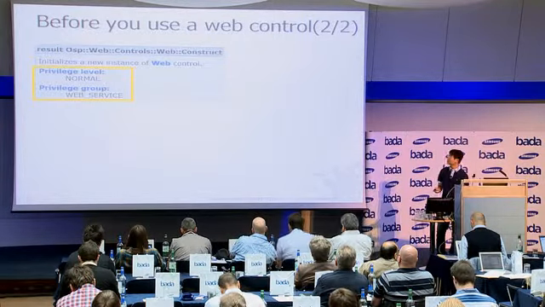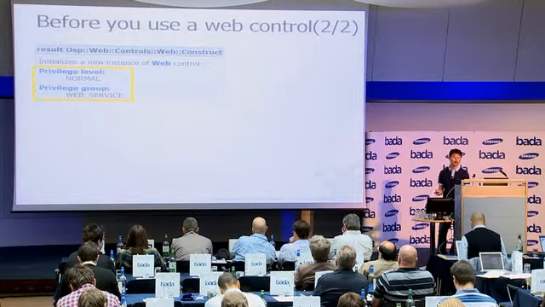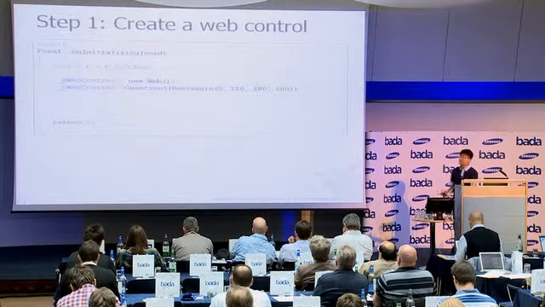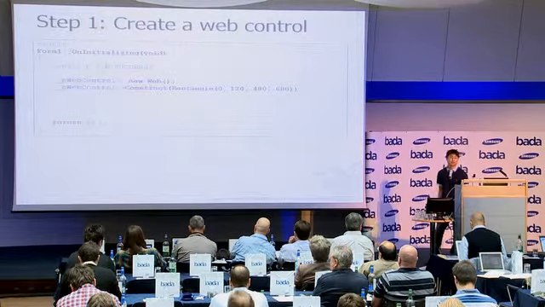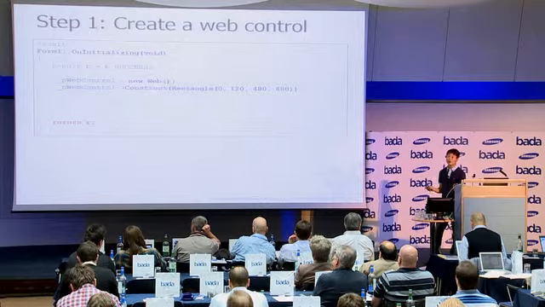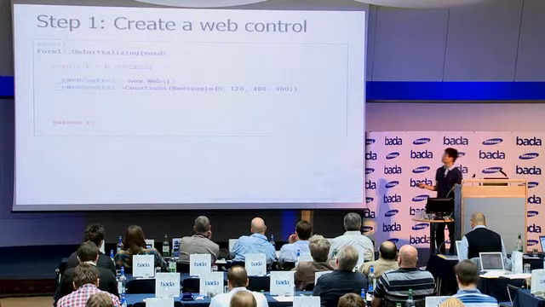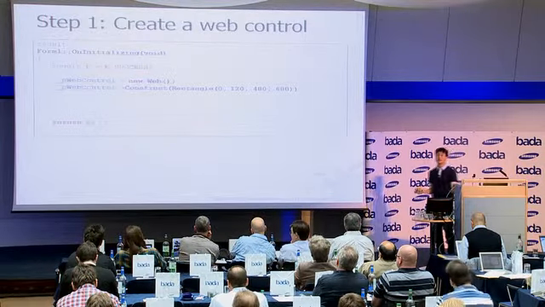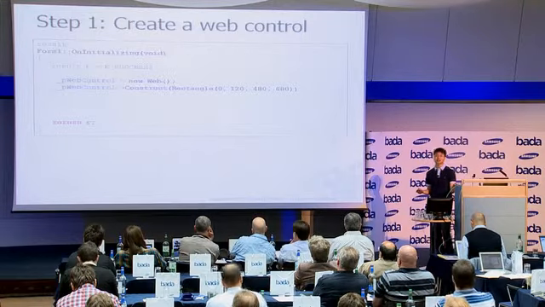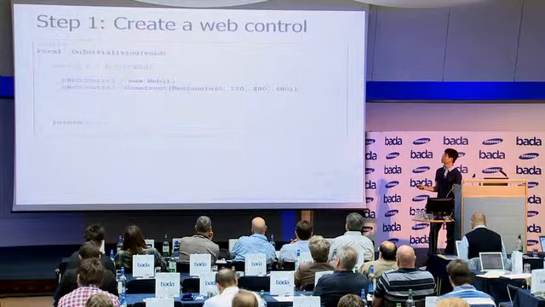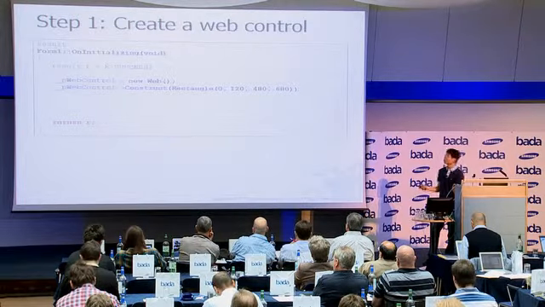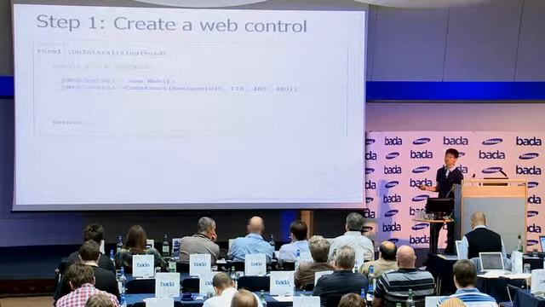So now let's check the detailed code of the web control. As I said before, the first step is creating a web control instance. The class name of the web control is Web, and Web is a two-phase construct class. So at first, you should create an instance with new, and then you must call the Construct method.